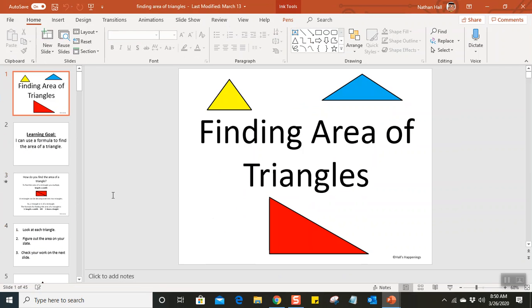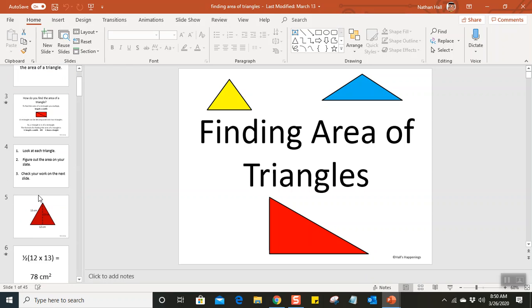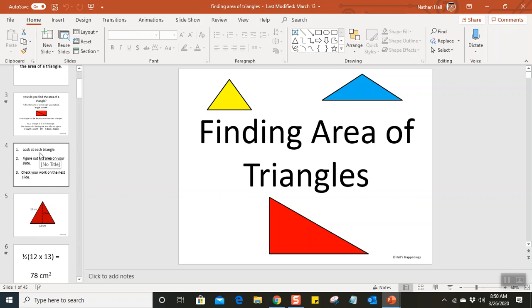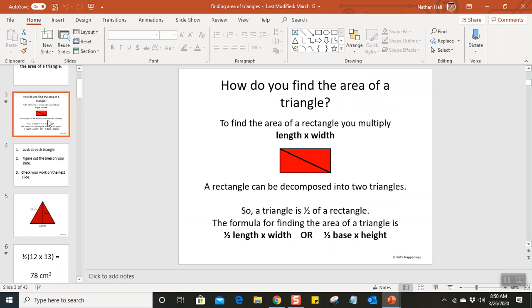So triangles. Triangles are half of a square or a parallelogram. Triangles and trapezoids, the two that start with TR, we are going to divide by 2. So what you're going to do is find the length and the width, or the base and the height, and you're going to do half of it.